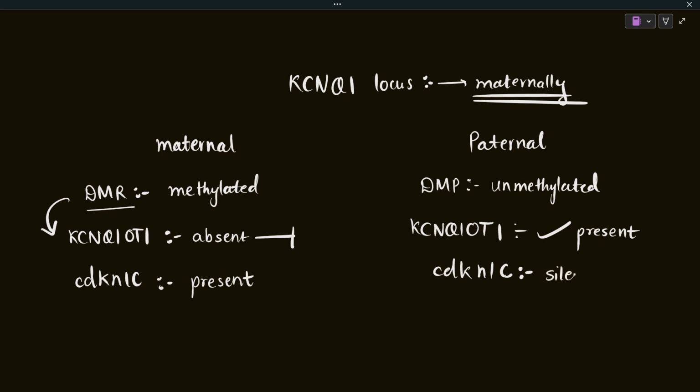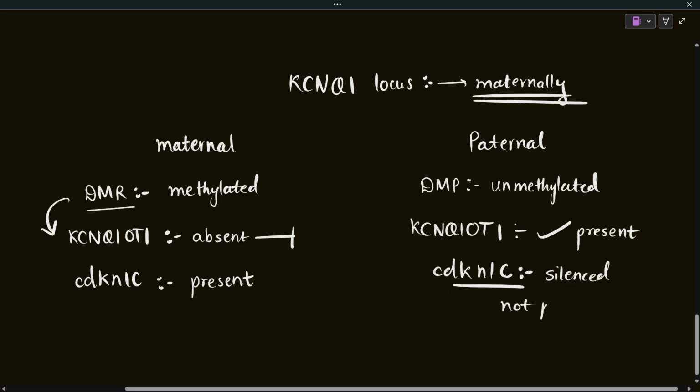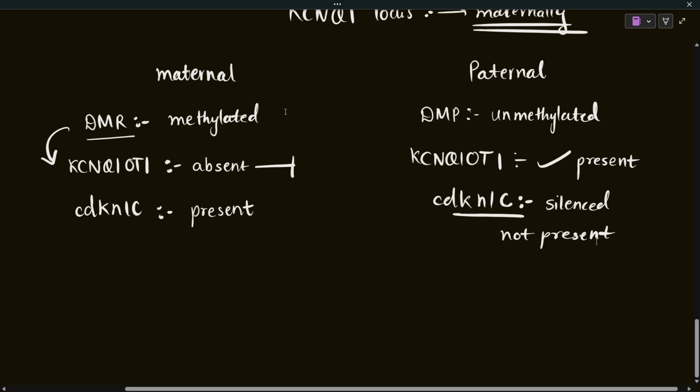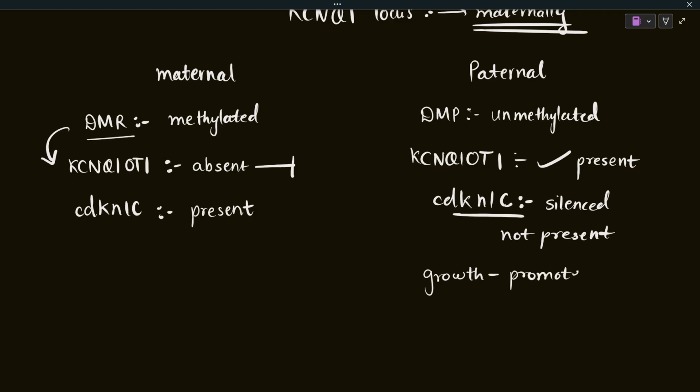So this inhibitor will not be present. If this inhibitor is not present, this means that there will be CDK activity, so growth will be promoted. Well, this inhibitor is present from the maternal allele, and that is why growth will be suppressed.